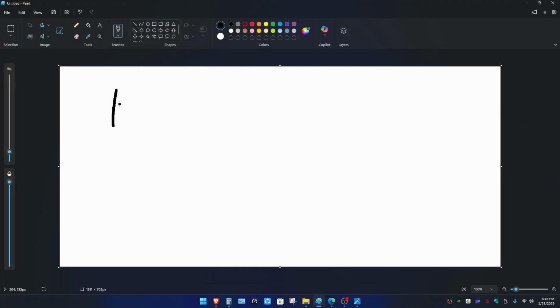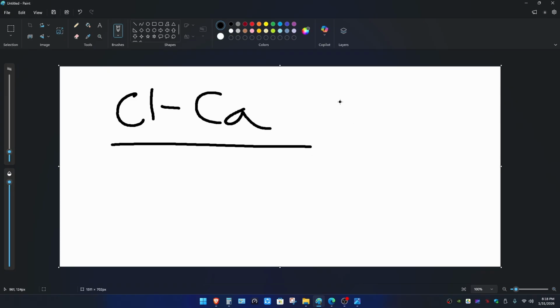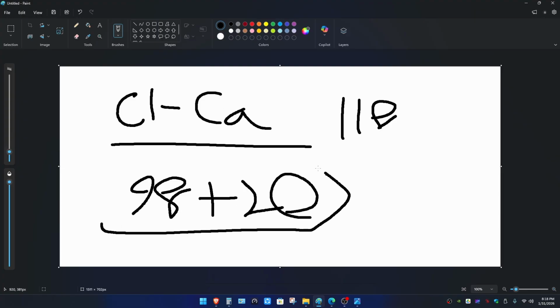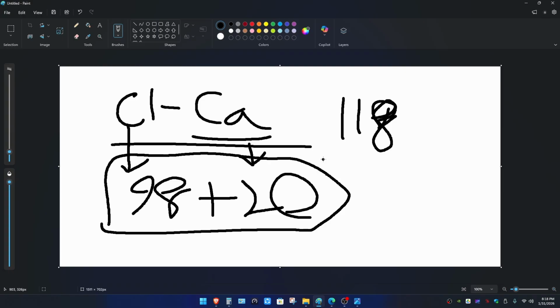What he did was use californium with calcium to make a total of 118, which is a combination of 98 plus 20. So he combined two different types of atom, calcium which is 20 and californium which is 98, and eventually made 118.